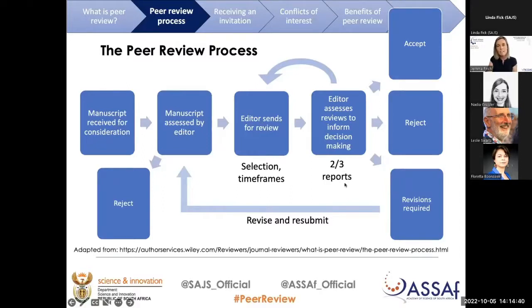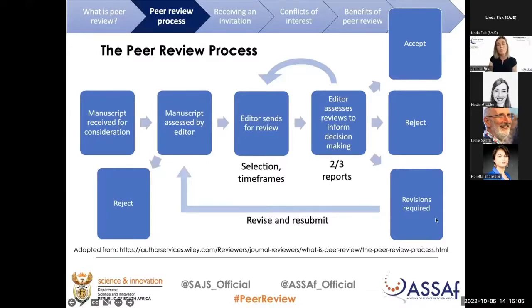Usually, the editor will base this on 2 or 3 reports, depending on the journal, but that's a common number. For SAJS, we usually use 2 reports. So the editor will take those reports, use that to inform their decision making, and decide whether the manuscript should be accepted, whether it should be rejected, or whether there are revisions required.